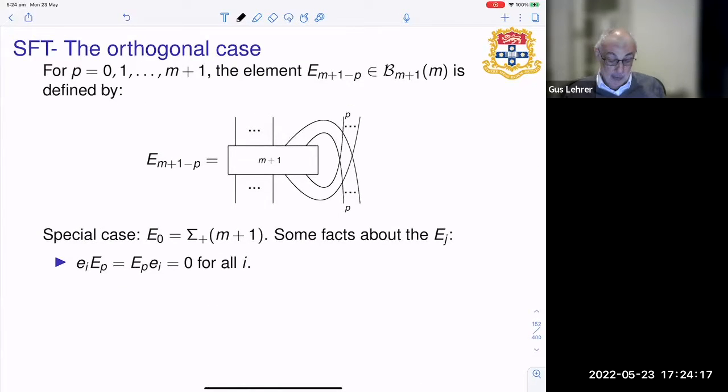First of all, you have this fact that if you put a loop on any one of these, you get 0. That's actually not very hard to see. See, if you put a loop there, you obviously get 0. If you put a loop somewhere else, then you can pull the loop around there and put it there, and you get 0 as well. They are quasi-idempotents.